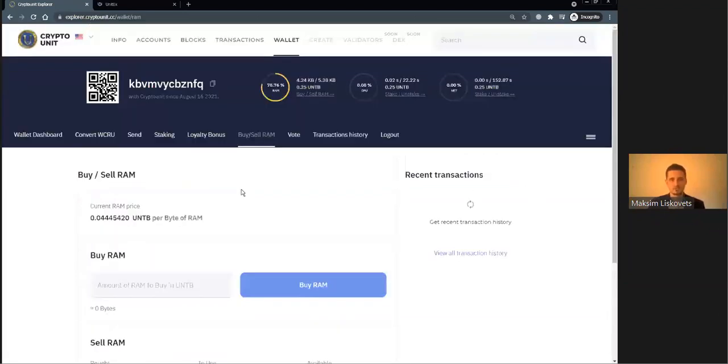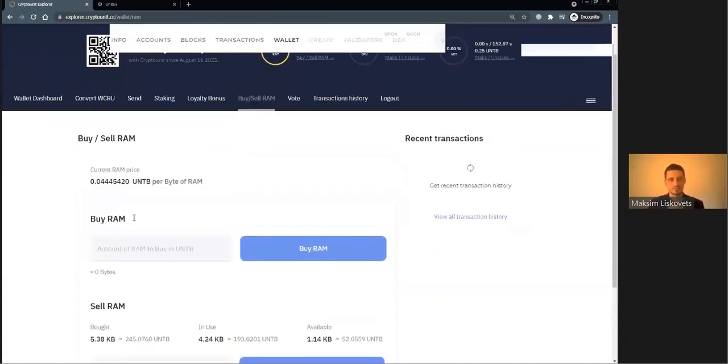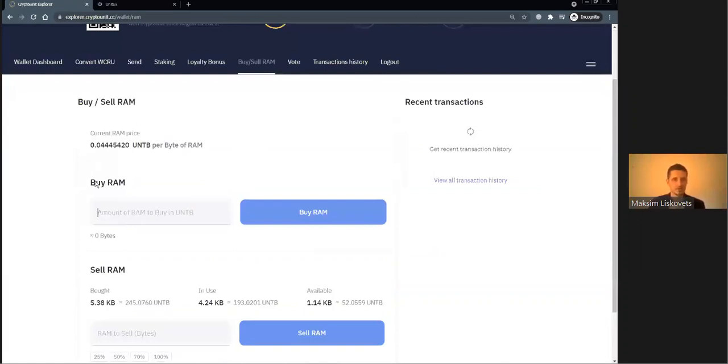And let's see. Let's buy some memory, some RAM, for you to see how the system responds to it. In this box where it says buy RAM, we input the number of UNTBs that we would like to spend to purchase RAM.